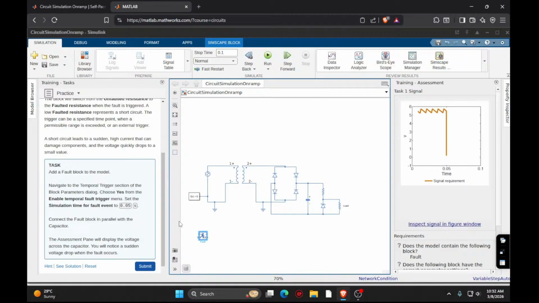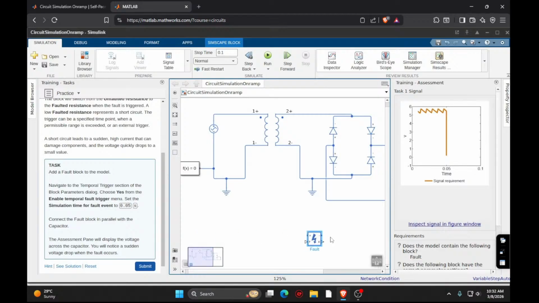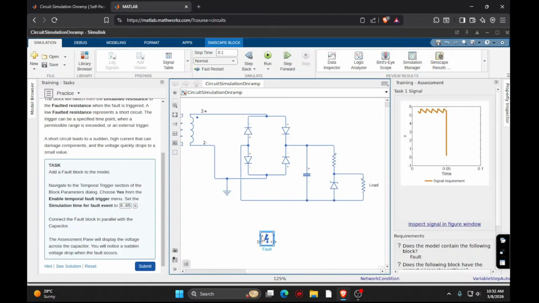Now, what do I have to do? Connect the fault block parallel with the capacitor. I have to connect this block parallel with the capacitor. Plus and plus, and minus and minus. Okay. Like this.